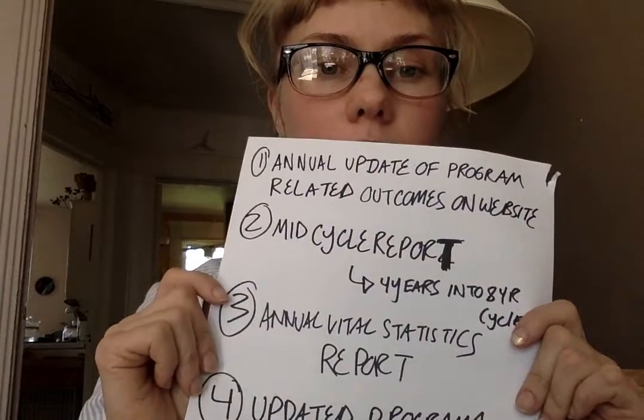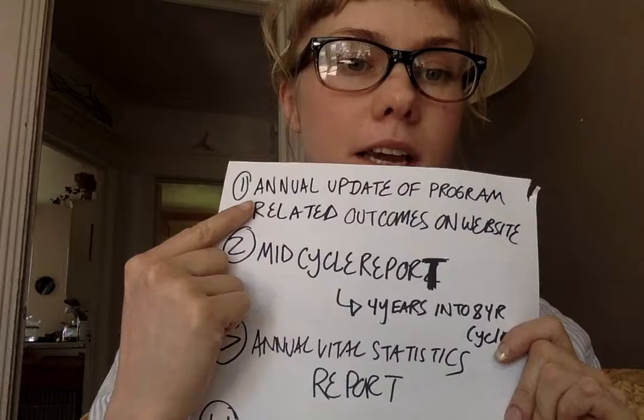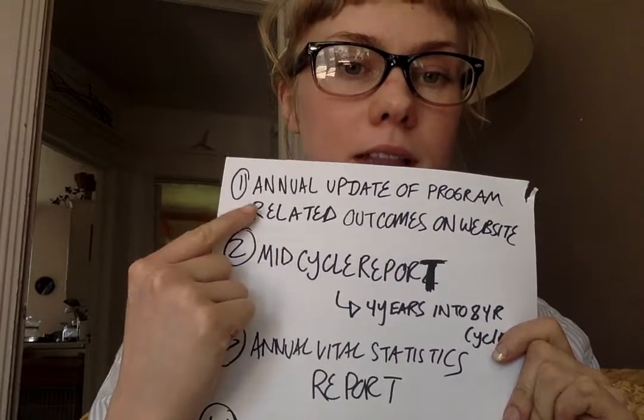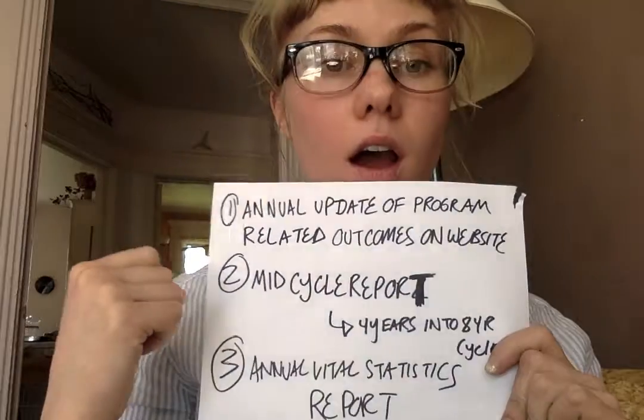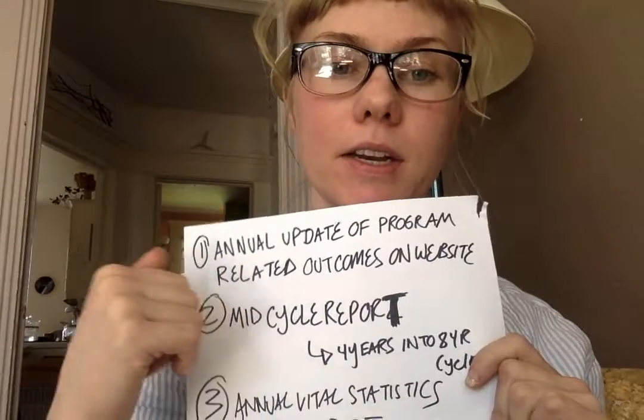So then for a full accreditation, there are 4 things that you have to do to maintain your accredited status. And I'm going to list them from hardest to easiest. So first of all, we've got the annual update of program-related outcome measures on the website. I'll talk about that later.